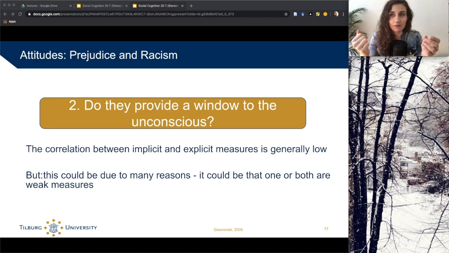So if I ask someone if they're a racist and compare that with the implicit measure, that doesn't necessarily have to correlate. But this could be because of many reasons, and it could even be that both are weak measures. It could be that neither our direct nor our implicit measures actually work well.